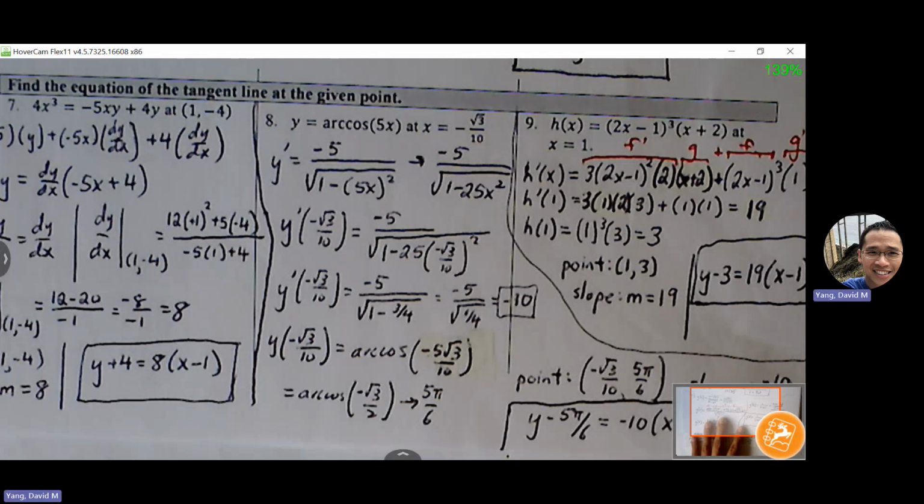Right, now 25 and 100 can reduce, can make that a 4. So square root of 1 minus 3/4. So 1 minus 0.75 is just 0.25, which is square root of 1/4 is simply 1/2.